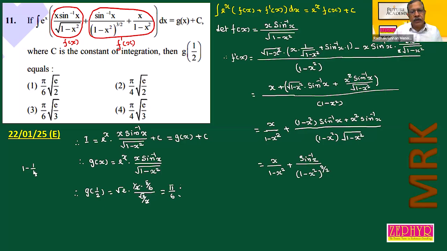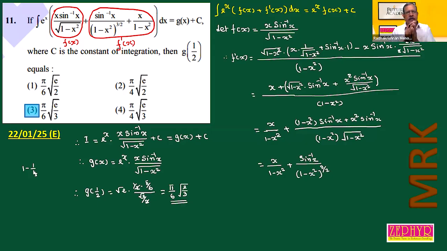That I am writing as root of numerator we have got e, denominator we have got 3. Okay. So the answer is pi by 6 into root of e by 3. Such simplifications you have to perform to reach the correct option. These simplifications are very important.